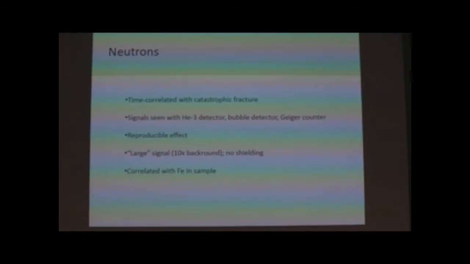So the neutrons are time correlated with a catastrophic failure. They did it first with the helium-3 detector, and the critics said your helium-3 detector is going to be influenced, so then they got bubble detectors. And the bubble detectors aren't sensitive to the electromagnetic emissions. I visited Torino to give a talk, and they had a demonstration in the lab, so I got to see this thing fracture.